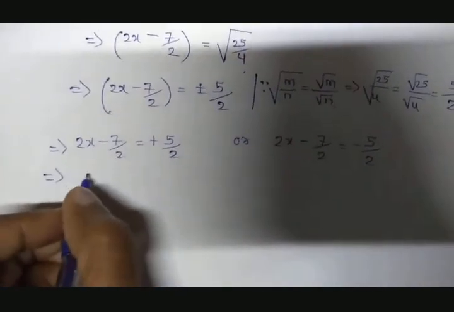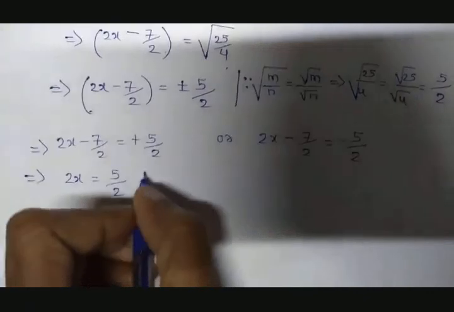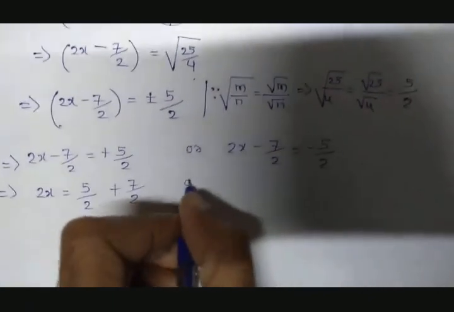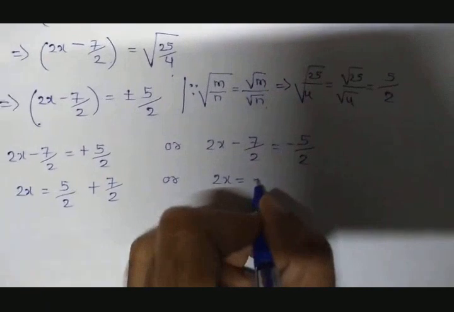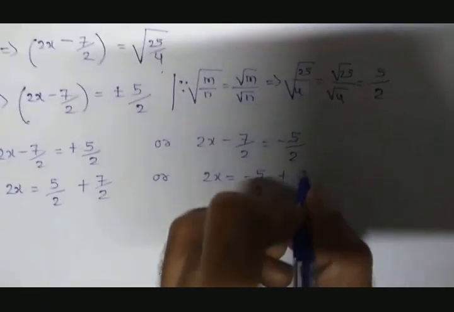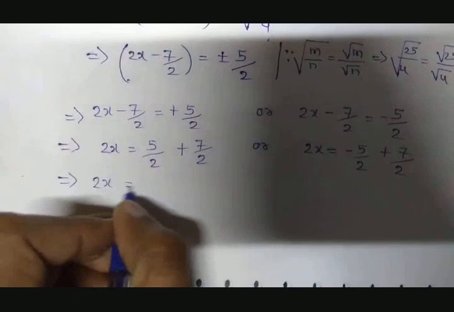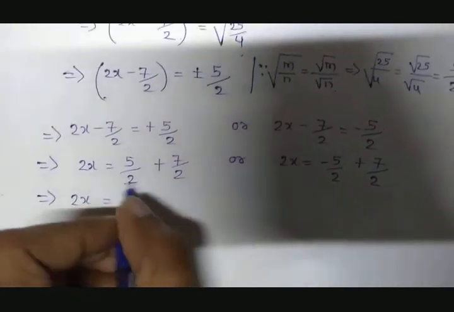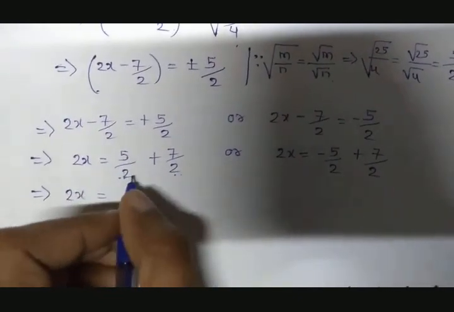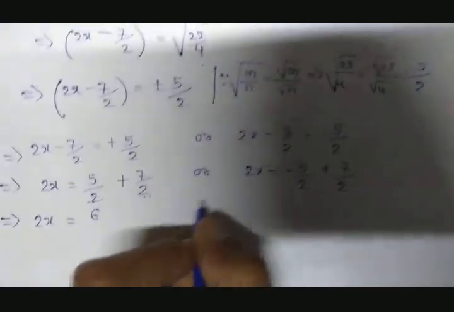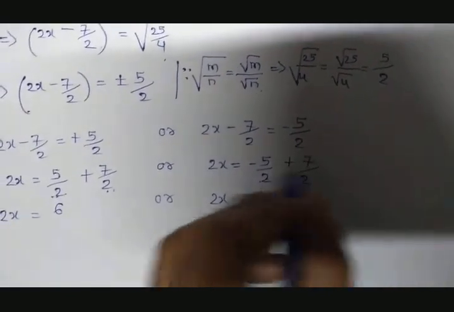Okay, just simplify now. 2x is equal to 5 by 2, minus 7 by 2 becomes plus 7 by 2, or 2x is equal to minus 5 by 2 plus 7 by 2. Since both the denominators are the same, we will add directly. 7 plus 5 is 12, 12 divided by 2 is 6. And again here also, since the denominators are the same, we will add it.